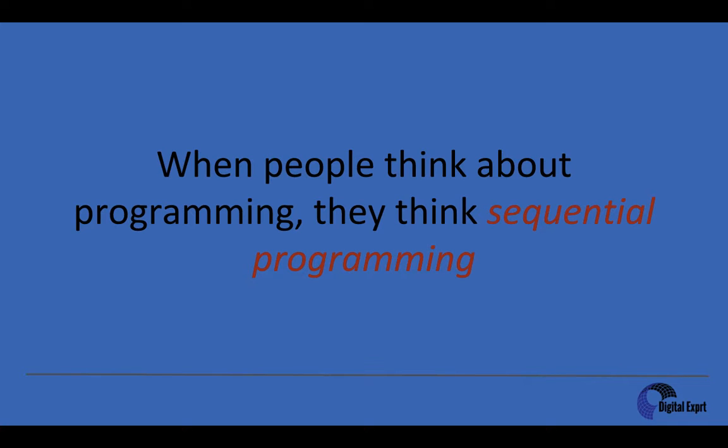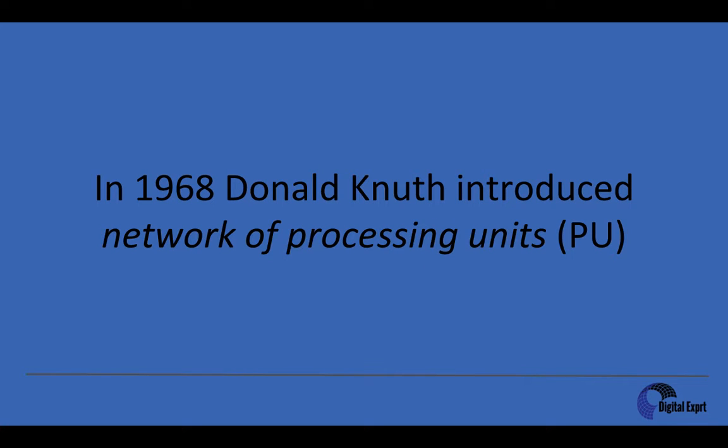But back in 1968, Donald Knuth introduced a concept called network of processing units, PU. This is very important to understand the difference between current computing architecture and the one that was proposed almost 50 years ago.